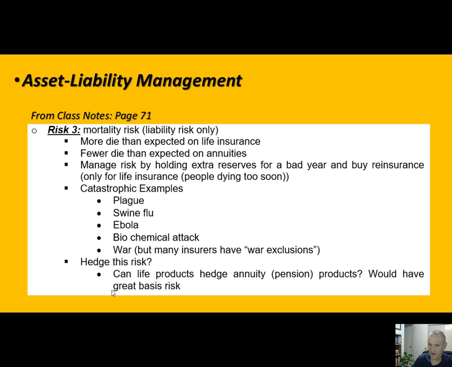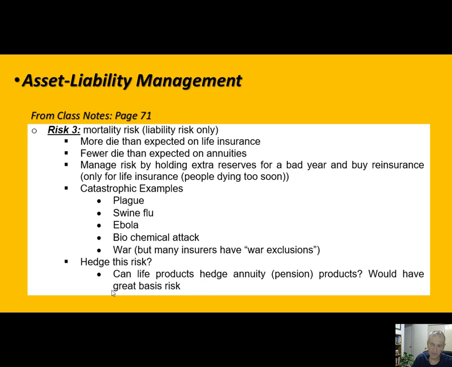If fewer people die than expected, we'll donate money into your pension plan. If people live the other way around, too many people die early, that helps my pension plan because we don't have to pay out the pension, so we pay money to the life insurance company. If very few people die, so people are living longer, that's great for the life insurance company, but it's bad for the pension plan, so they would pay me money.